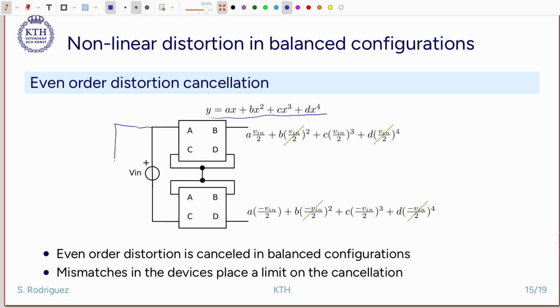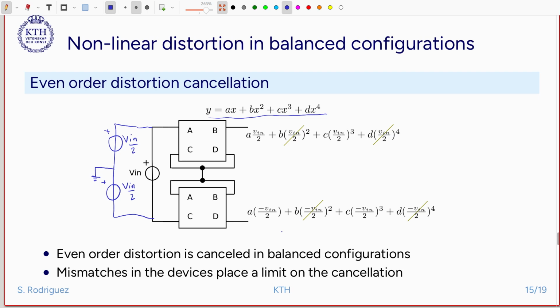the input voltage can be modeled as having half of the voltage going to one device and the other half going to the other device. When we have a differential input, we see that one input is going to process positive half voltages, and the other half negative voltages.